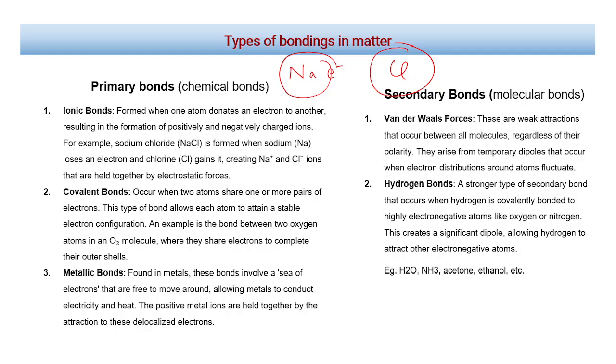So what happens is Na has one extra electron in its shell. If it gives it away, then it will attain the noble gas configuration. If we think of sodium's electronic configuration, wait, is it 7? Sodium has 7 electrons.